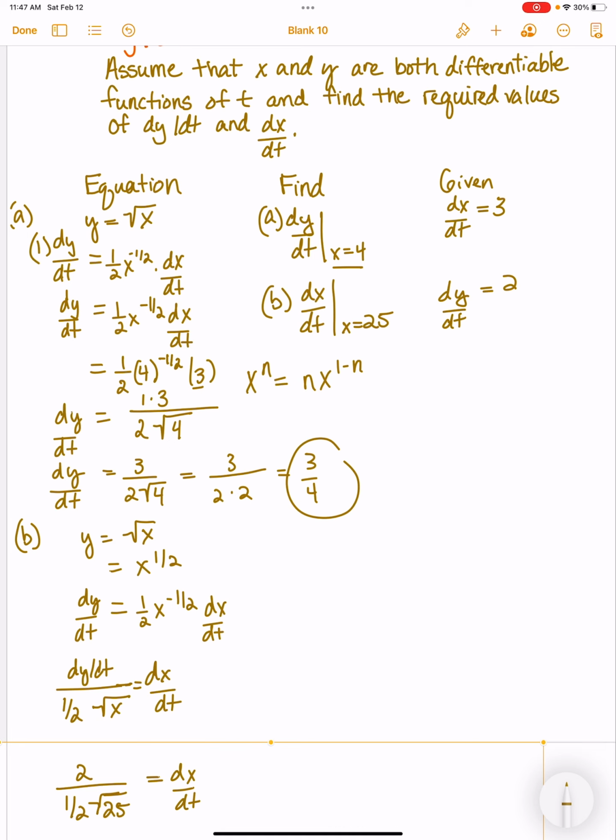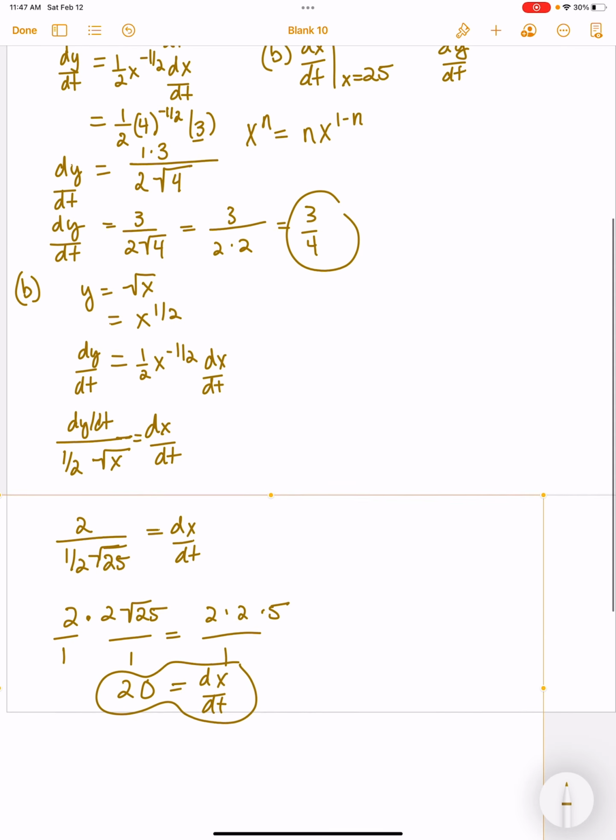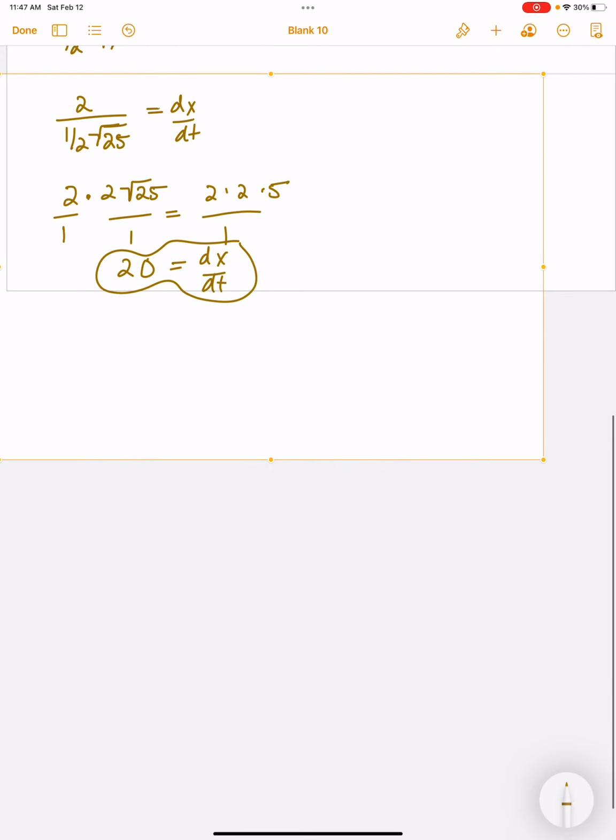Okay, so these are the kind of problems that we're going to be doing. I want to do a few more. Let's see. This is a good one because it brings up a good point.